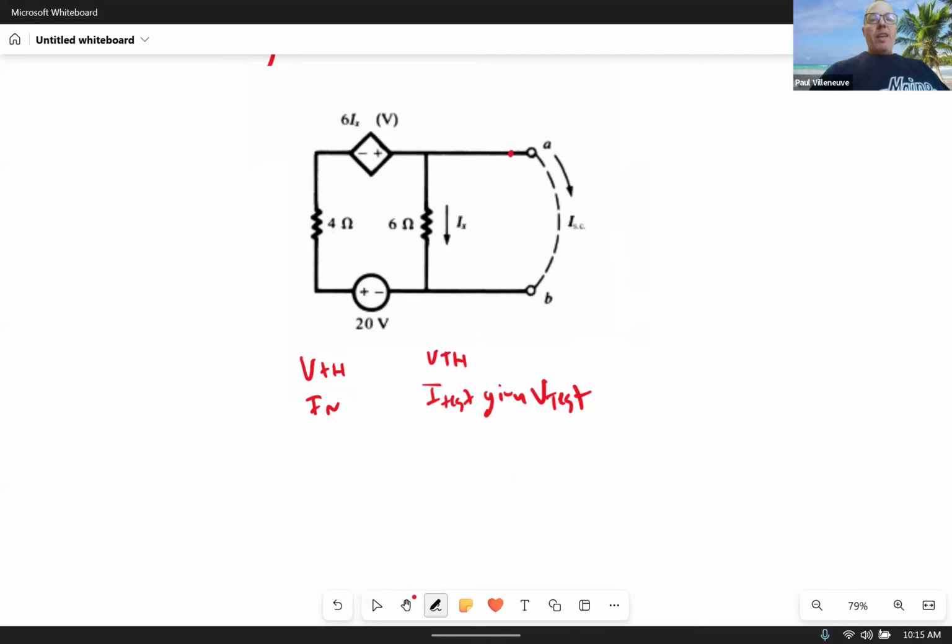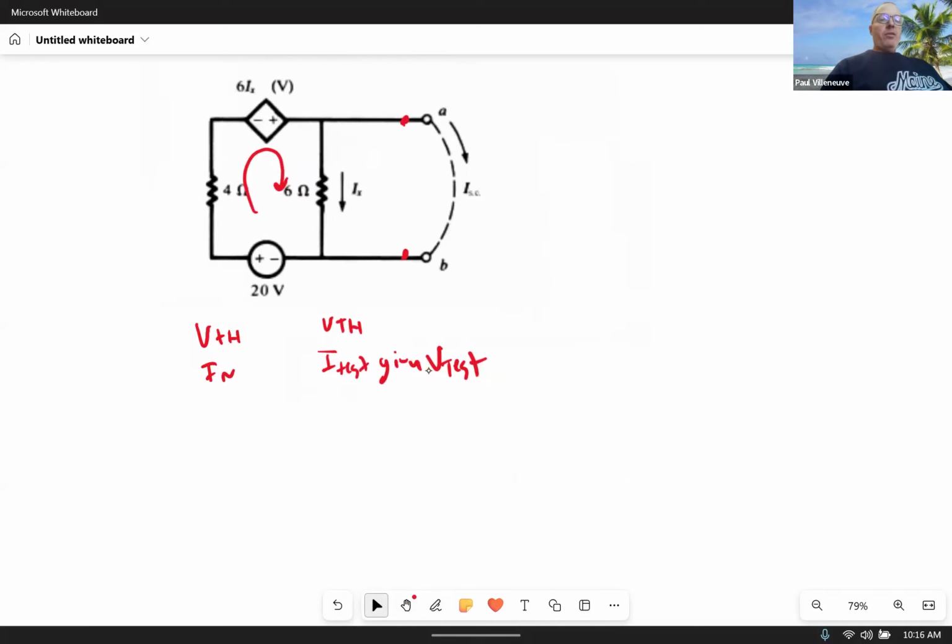I'm just going to get rid of that dash line. I'll probably just do a loop equation here because I've got a couple nodes in there and I don't want to complicate it. Starting over here, -4 times I, and that current is IX. Minus to plus, that's not negative, that's positive, sorry.